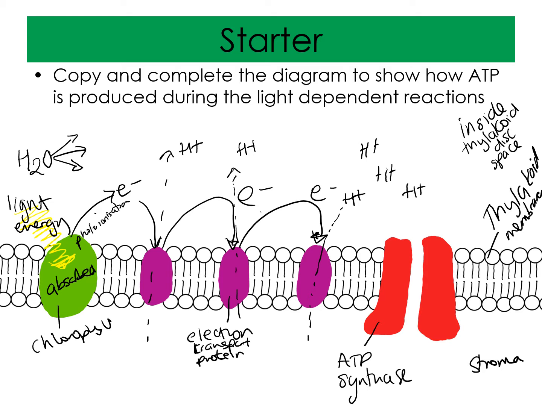Now, the chlorophyll needs to replace those electrons so this process can continue. Okay, so you can see here, the top of the diagram, inside the disc, we've got a process happening which allows us to do that. So here we've got water splitting, and we've got our products. So we've got electrons, protons, and oxygen.